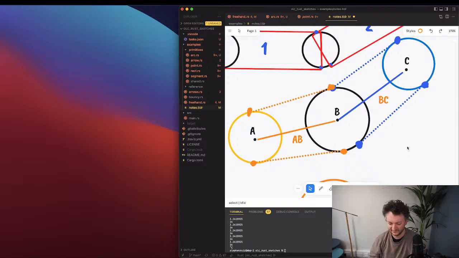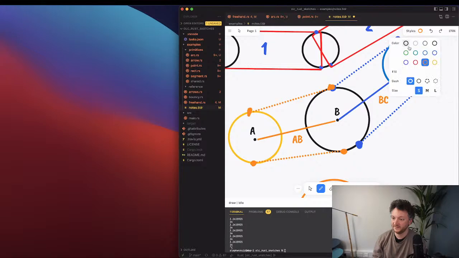I think that's the question. And so we figure out whether it's going left or right, and if it's going left, as it is in this diagram, we're going to create an arc between the center of B and then these points.